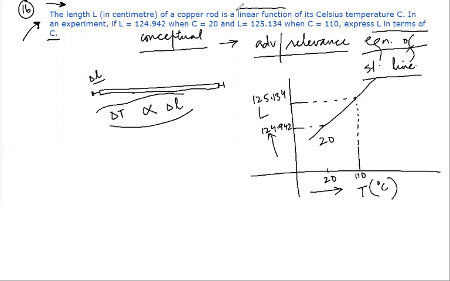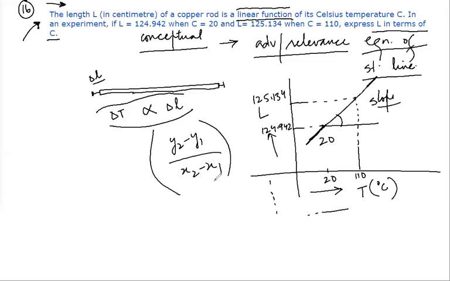See that he has given a mathematical hint about the kind of relationship. Linear function means when you plot all the temperatures and corresponding lengths, the graph will be a straight line. So the question is solved. Two points are given to you. Now with these two points, what will you find? The slope, using the formula y2 minus y1 divided by x2 minus x1.